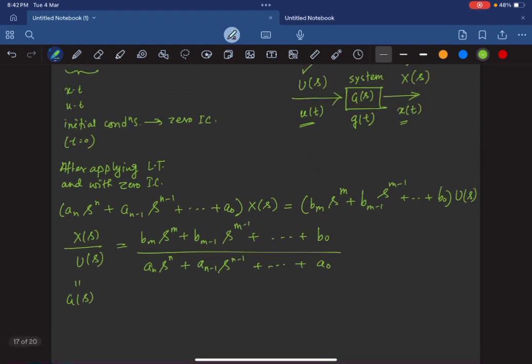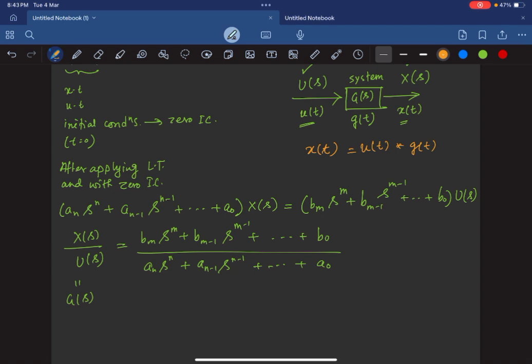How are we getting this? See, x(t) is the output, and this is nothing but u(t) convolution with g(t). This is the output x(t), and the input is getting convolved with g(t). g(t) is nothing but the impulse response for the system.